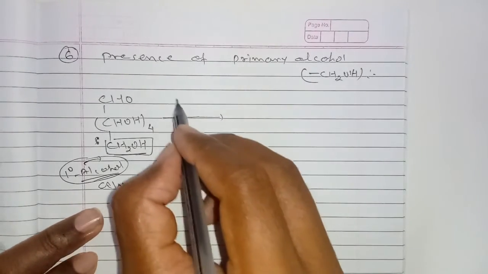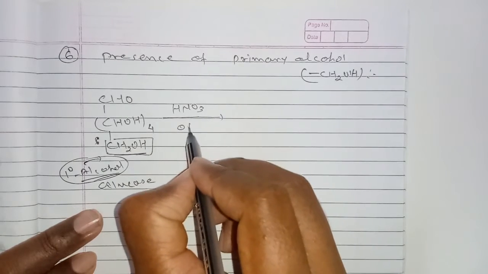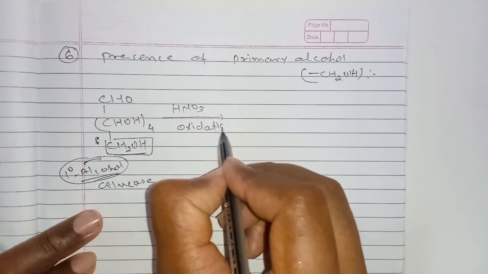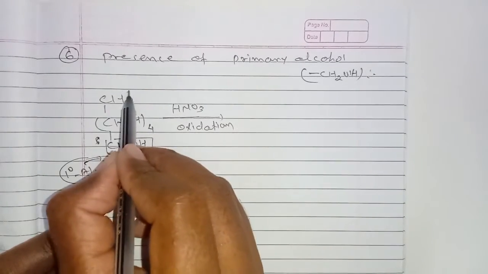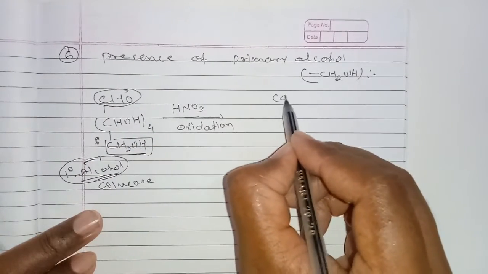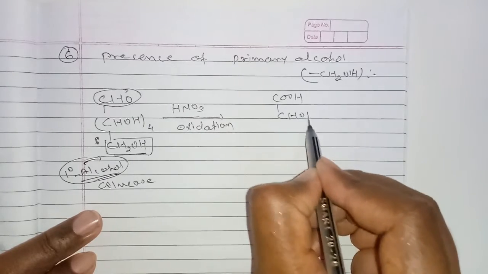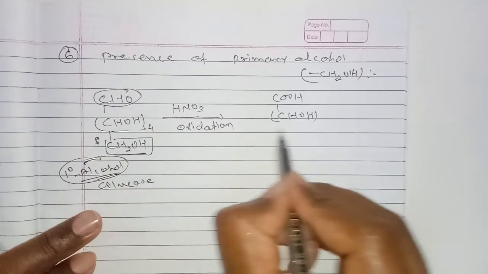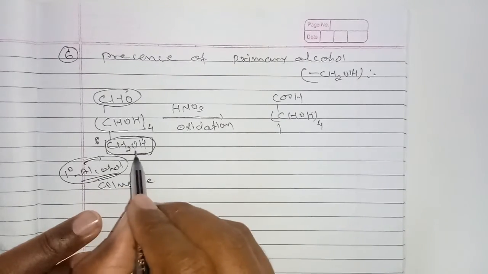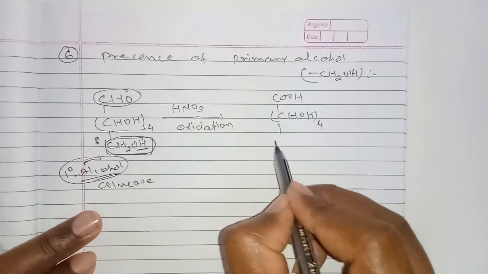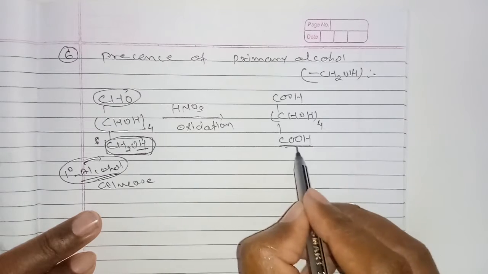Glucose reacts with a strong oxidizing agent like nitric acid, the aldehyde is converted to carboxylic acid, CHOH remains as it is, and the primary OH group is converted to a carboxylic acid group.